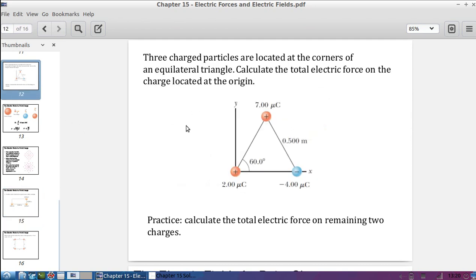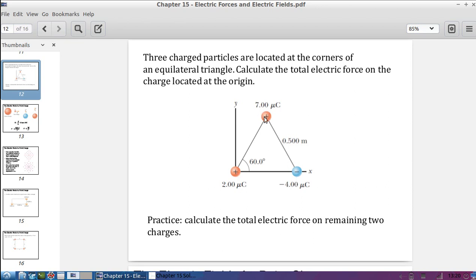Another practice problem you could do, a lot of these problems deal with this charge here at the origin, right? So for some practice, you can calculate the net force on the 7 microcoulomb charge due to the 2 and the negative 4, and then you could go back here and find the net force on the negative 4 microcoulomb charge due to the 7 and the 2. Okay, and take one away, right?